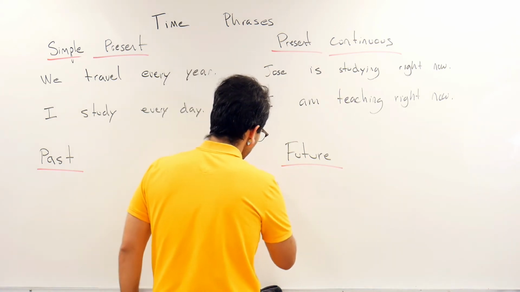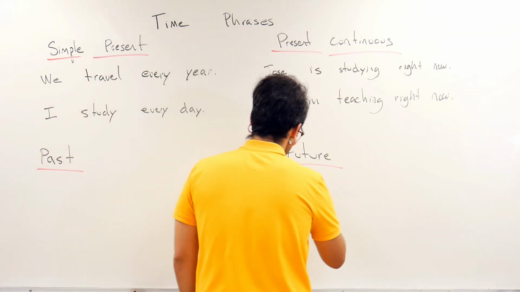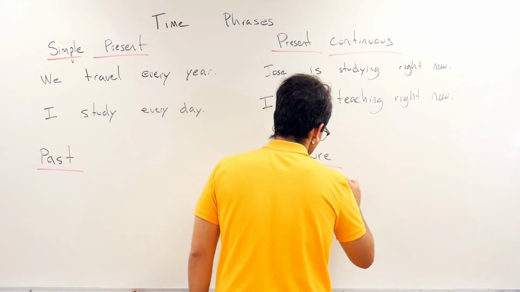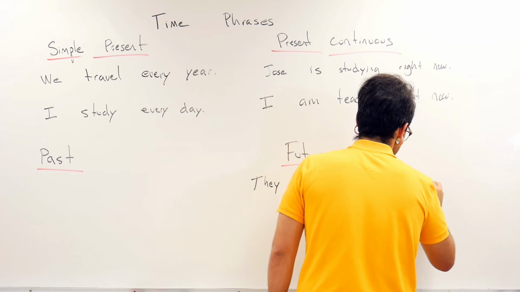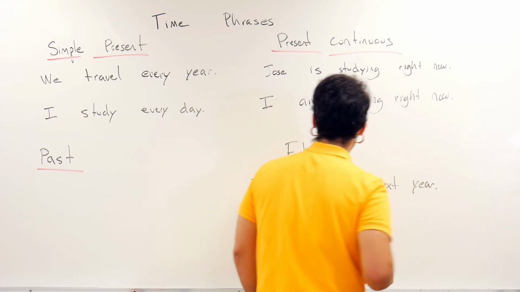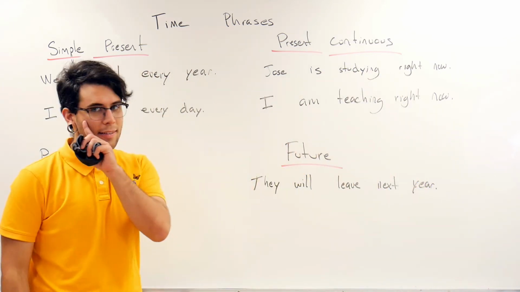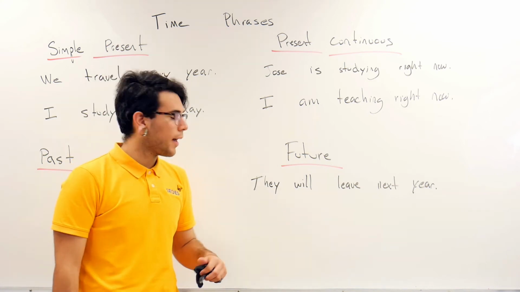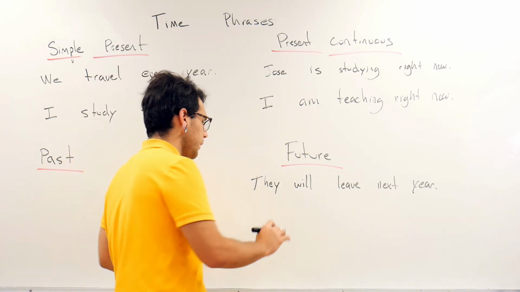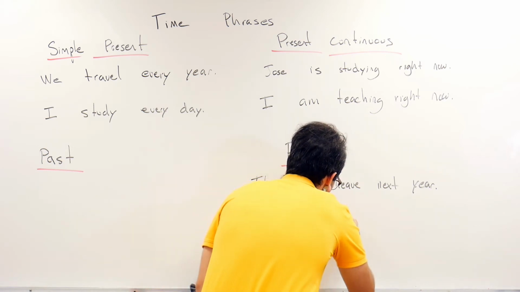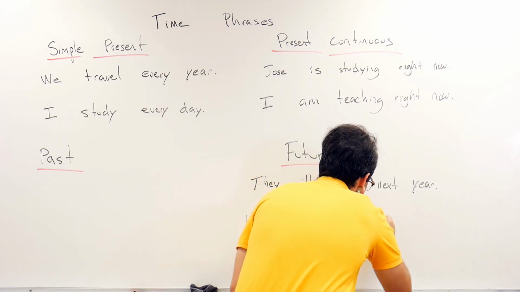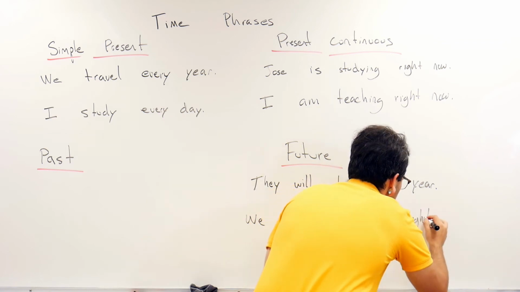The example I have for that will be, we'll start with they will leave next year. They will leave next year. And another example I'm going to have here will be, we will sleep early tonight.